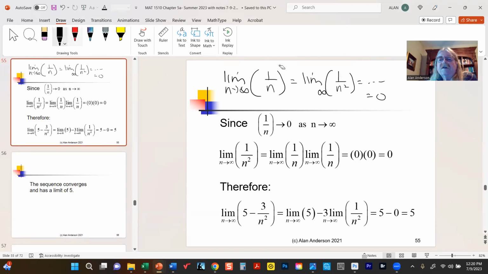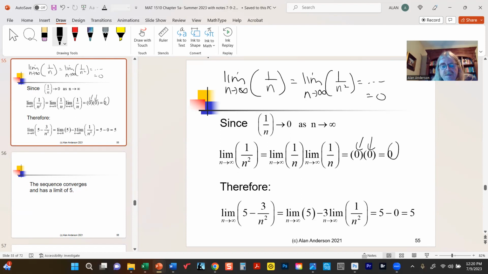Because you're dividing by a progressively larger number, the numerator never changes. So what that means then is that this is equal to zero. Another way to look at it is that the limit of 1 over n squared is the limit of 1 over n times the limit of 1 over n. And that gives us 0.